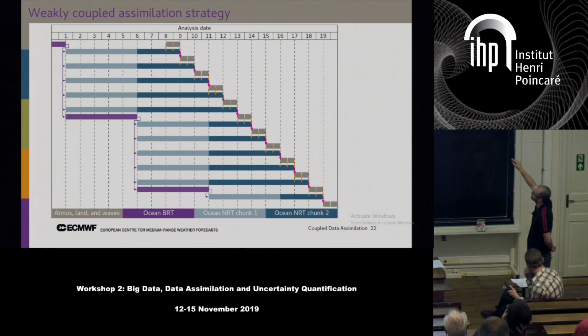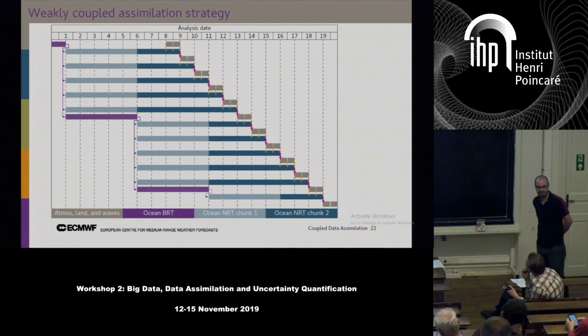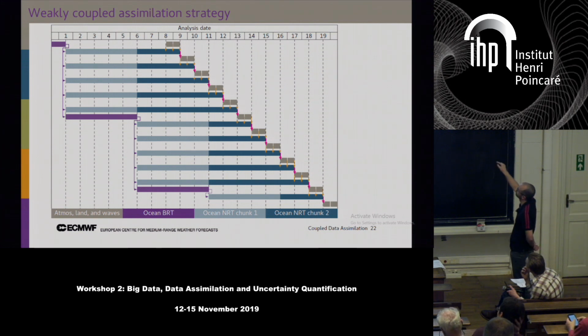So if we consider this point here, we're going to do a 12-hour atmospheric assimilation window, build up the forcing over those 12 hours, and do the next one and have more forcing. And then that will allow us to do an ocean analysis.